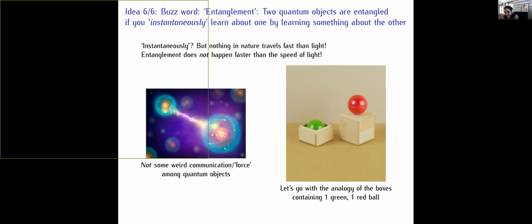What this means is that instantaneously, and I don't like the nomenclature, you know that the ball in the other box that remains closed must be green. If you observed the red ball by opening the one box, you know, because of what you were told, that there was one of each, that the other one is a green one.